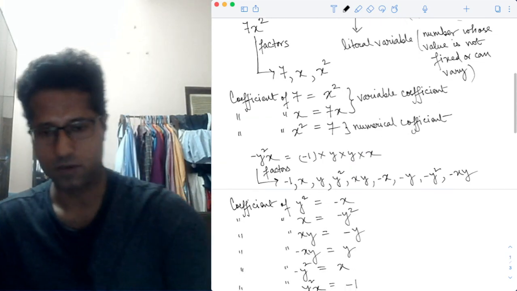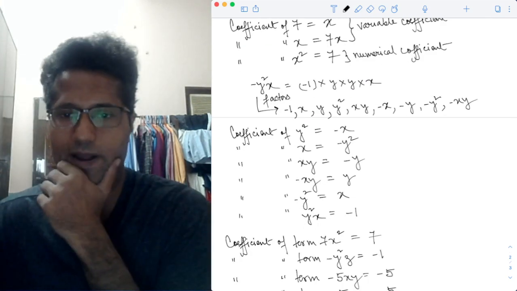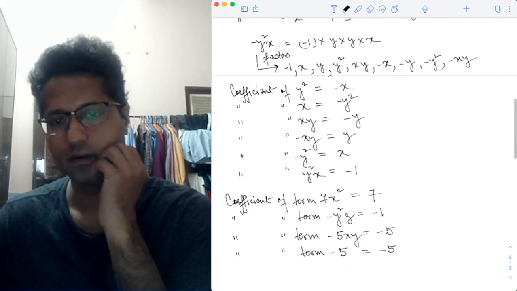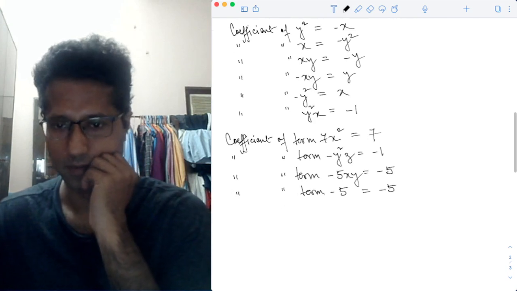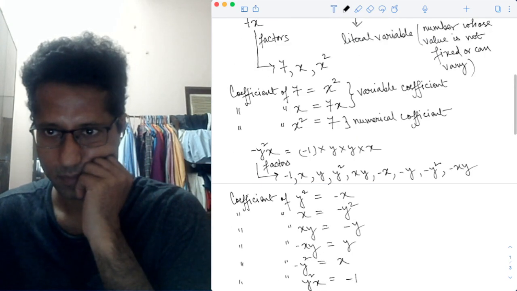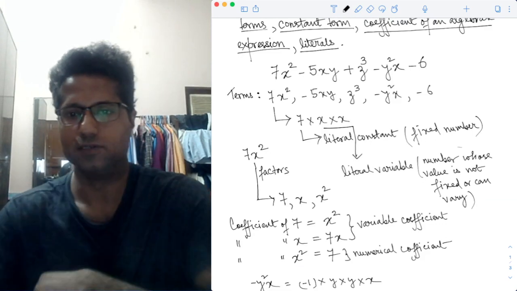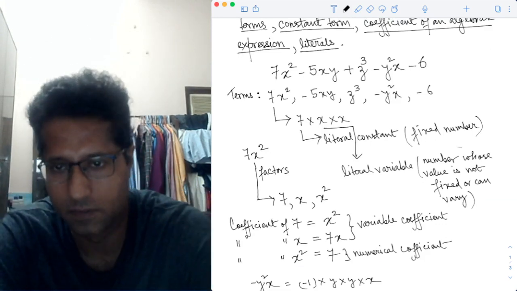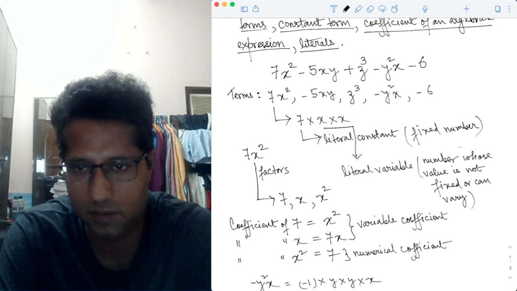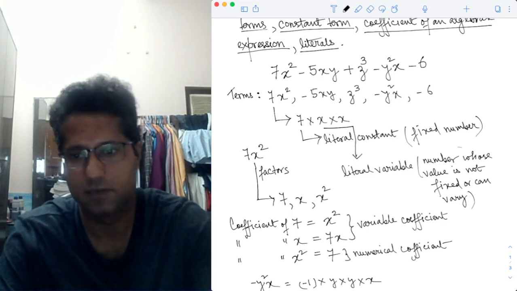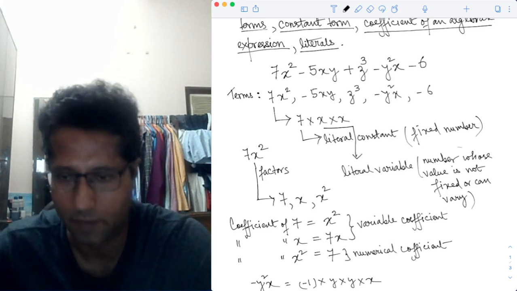So I hope the concept of a term, its factors, coefficient of a factor in a term, and the coefficient of a term is clear. The coefficient of the term z cube is 1 because the numerical part is 1. The coefficient of the term 7x square is 7 because the numerical part is 7.